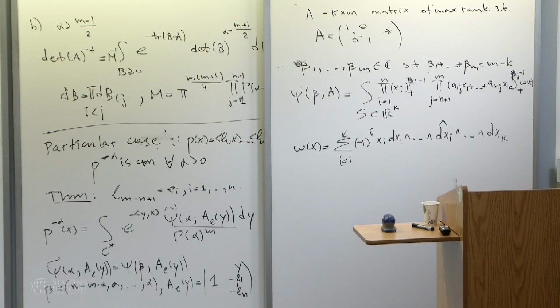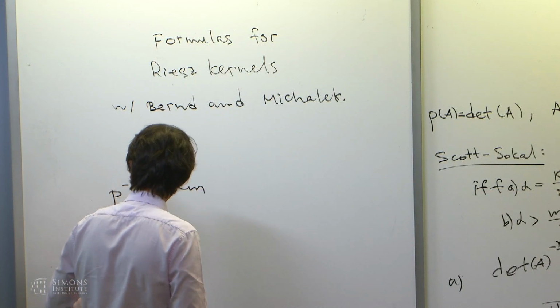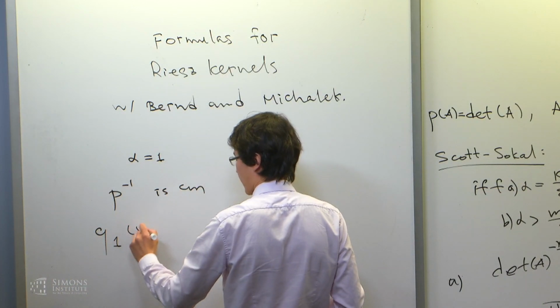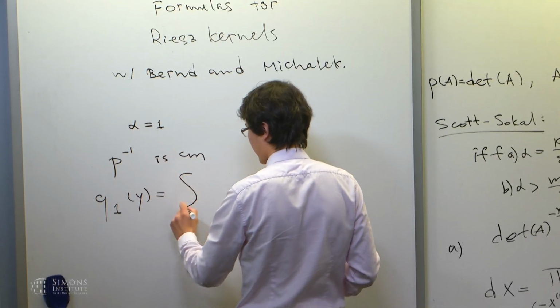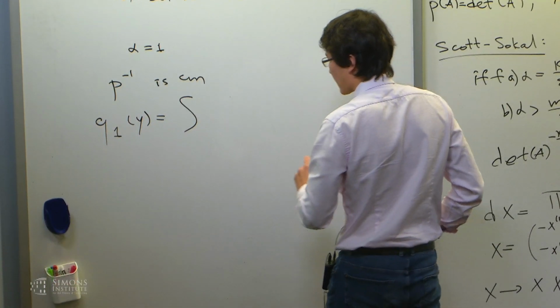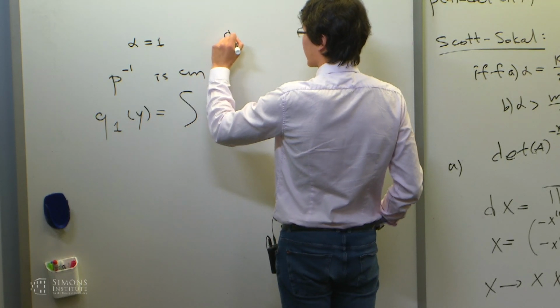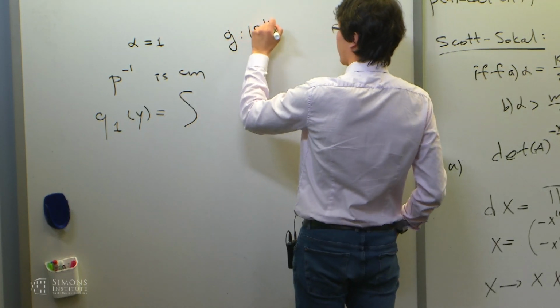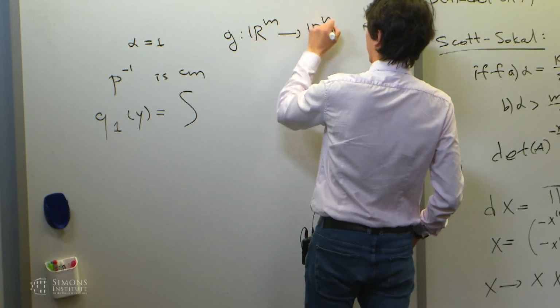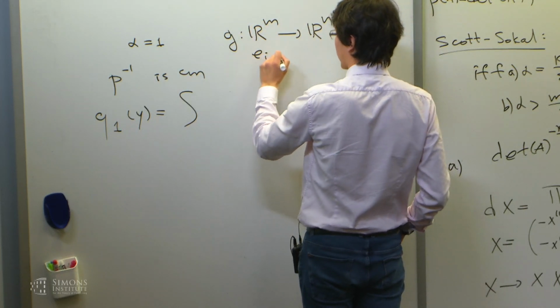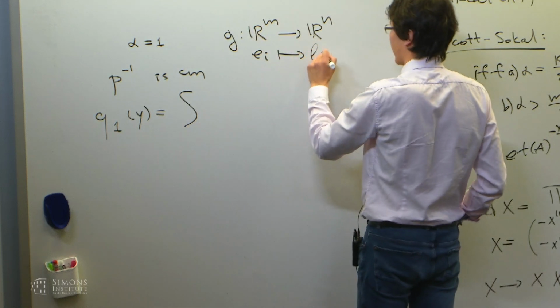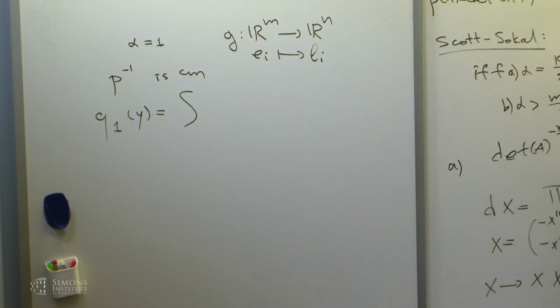In this case I know that it's completely monotone, and when alpha is 1, my Riesz kernel has the following interpretation. I need to integrate. I consider a linear map from Rm to Rn that sends the i-th unit vector here into Li, one of my vectors that I picked here.